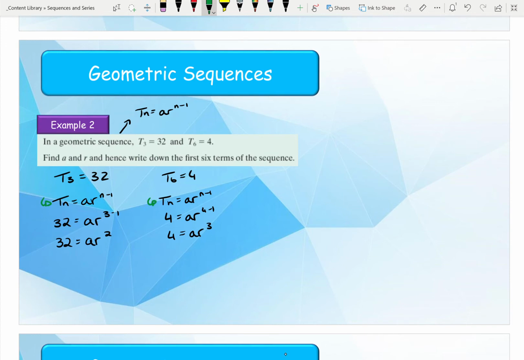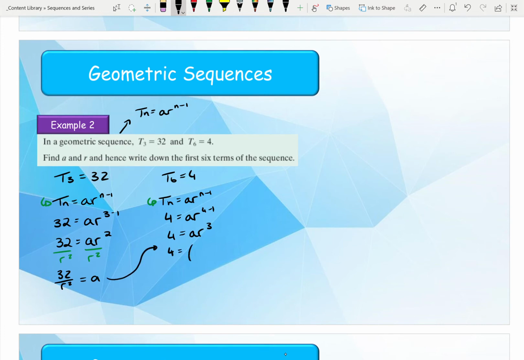So what I'm going to do is look over here and I can see that a isn't squared, so a is easier to isolate. So I'm going to divide both sides by r squared to isolate my a, which gives me 32 over r squared is equal to a, which I'm now going to take and sub into my second equation.